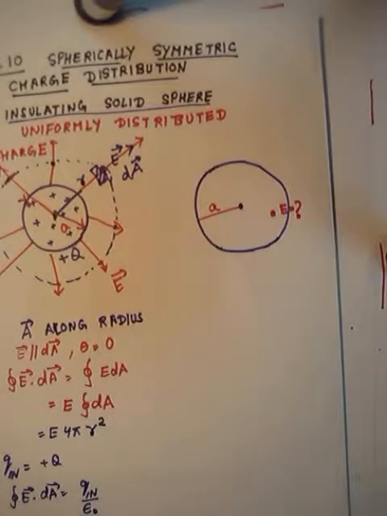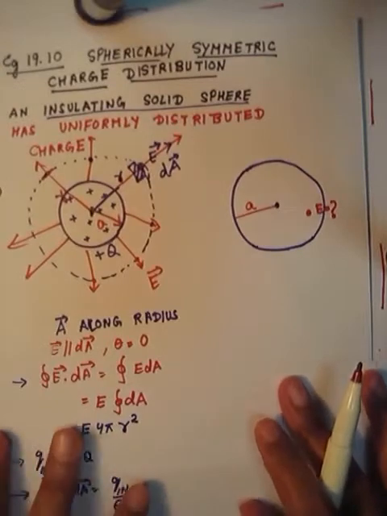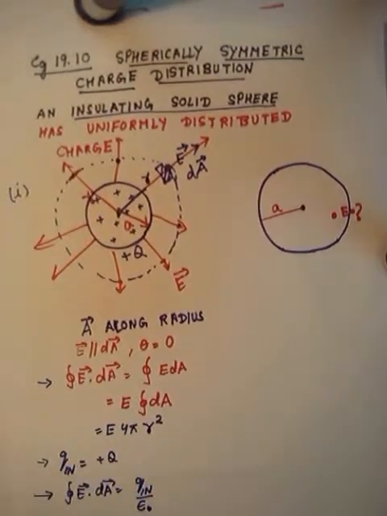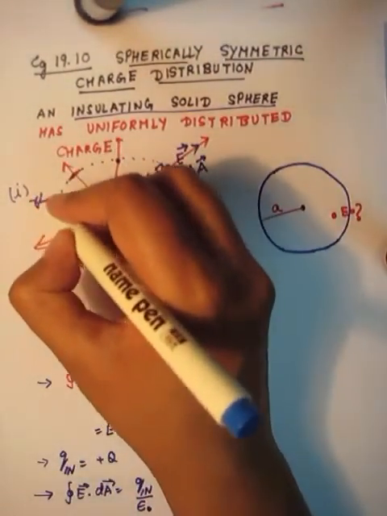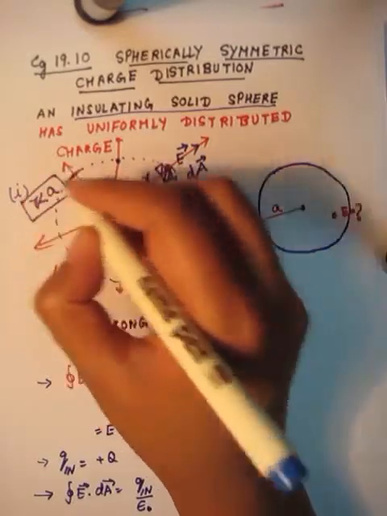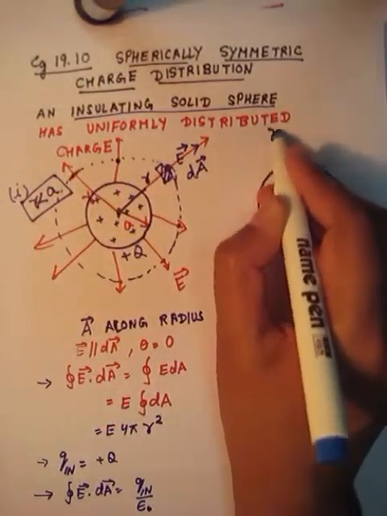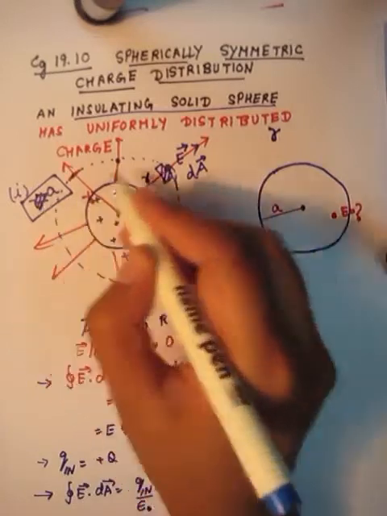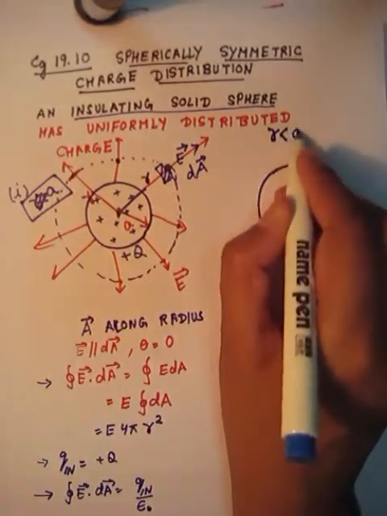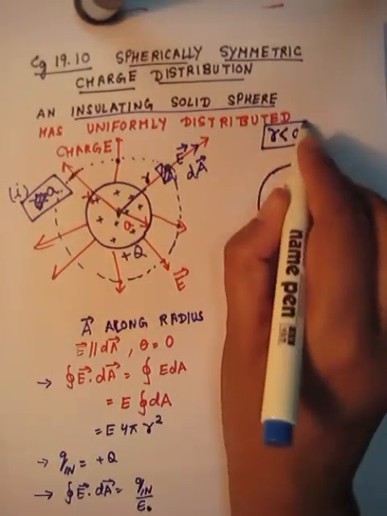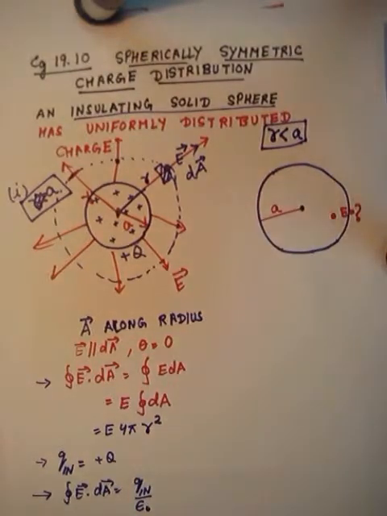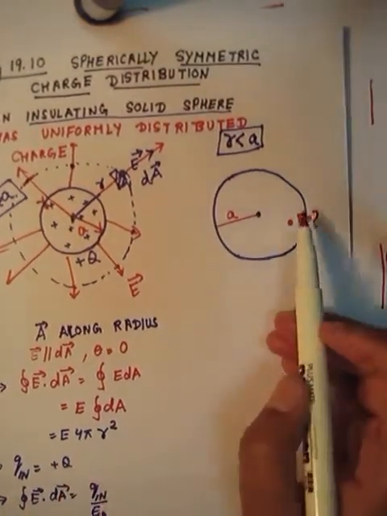So for the first case, r was greater than A, and for this second case, r is less than A.